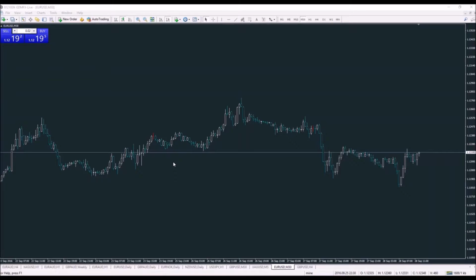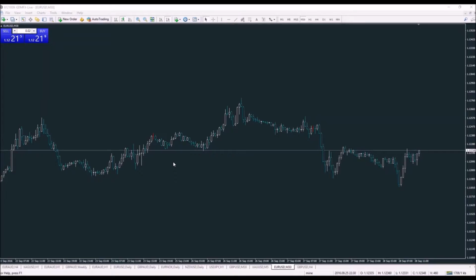Today, however, we're going to use a system that has been on the market for quite some time. I've tweaked a few of the indicators that are working much better now, so it's a very good moment to use it.